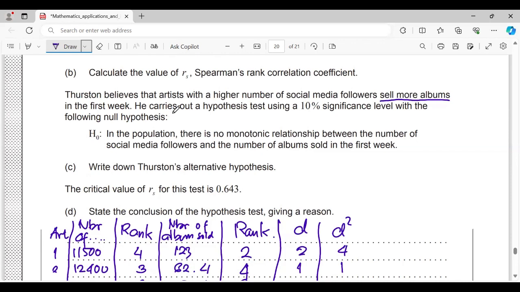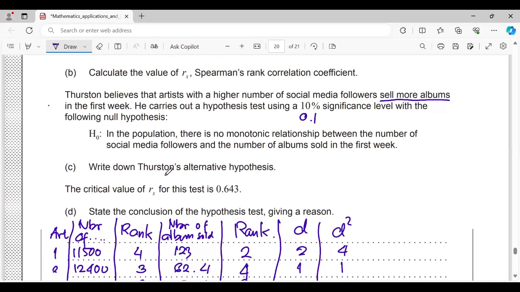He carries out a hypothesis test using a 10% significance level, which means 0.1, with the following null hypothesis: in the population, there is no monotonic relationship between the number of social media followers and the number of albums sold in the first week.